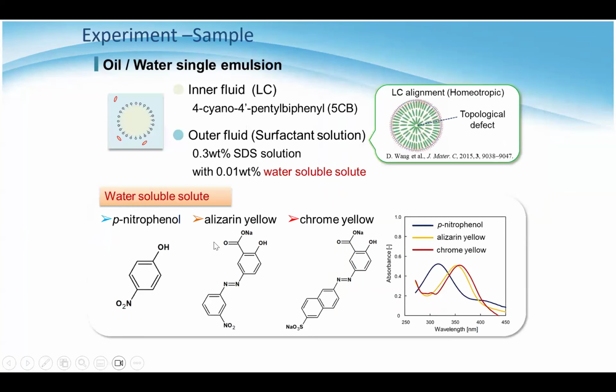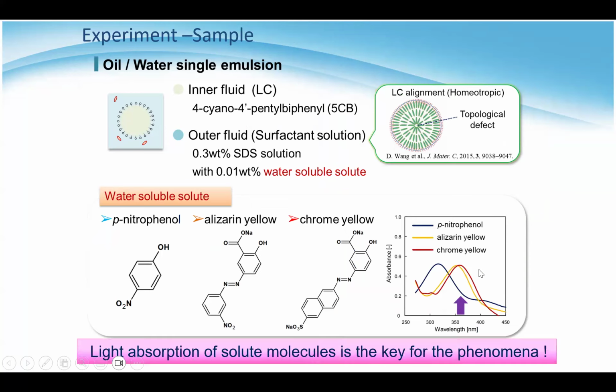And then we tested several different types of solute molecules like this. We used a 365 nanometer UV LED. These molecules absorb the light, so light absorption of the solute molecule was the key for the phenomenon, we supposed.